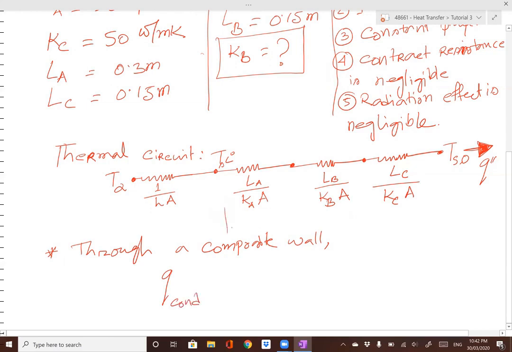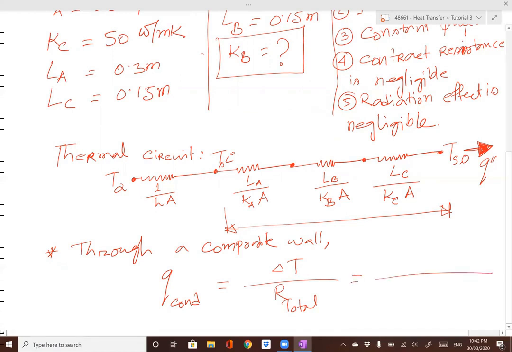Basically, between this portion it will be equal to the temperature difference divided by the total thermal resistance through the composite wall.